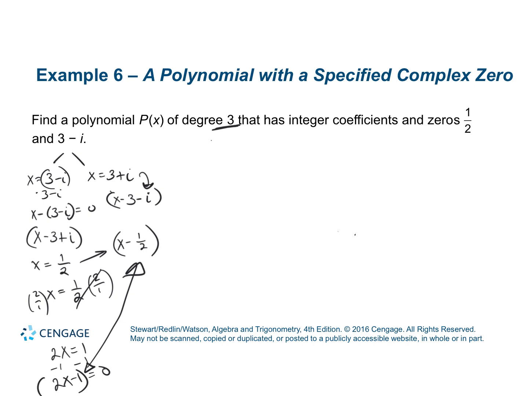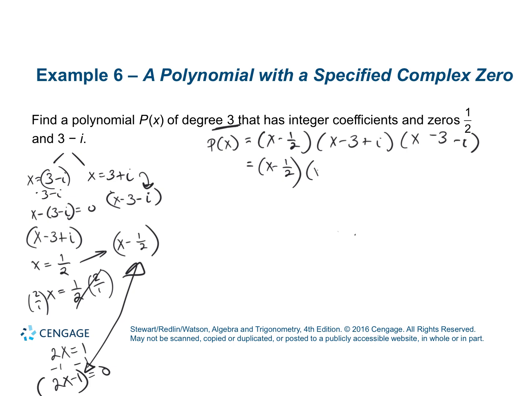Now, since I'm going to show you both ways, I'm going to start with the fractions, which is the easiest, as you just move the fraction over. So I'm going to start with the x minus a half, and we have the x minus 3 plus i, x minus 3 minus i. Now I'm going to go ahead and distribute the i's first to get rid of the imaginary numbers.